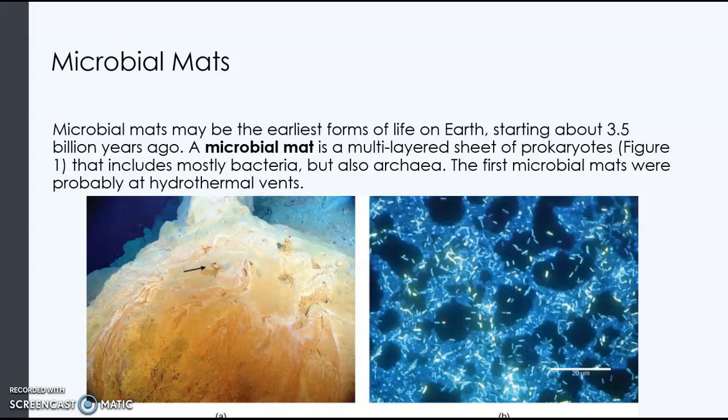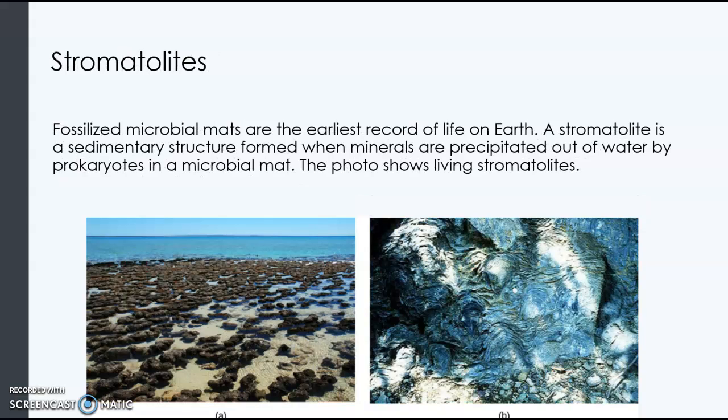And they were probably found at hydrothermal vents, deep in the ocean. What you're looking at here are fossilized microbial mats called stromatolites, and you can see the layers really well in picture B.